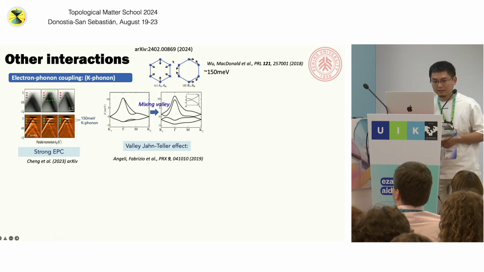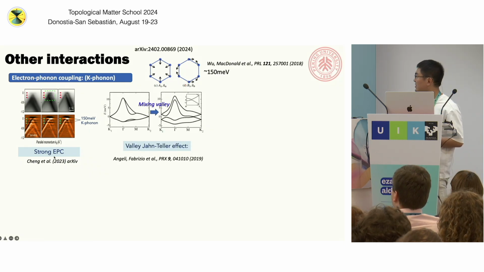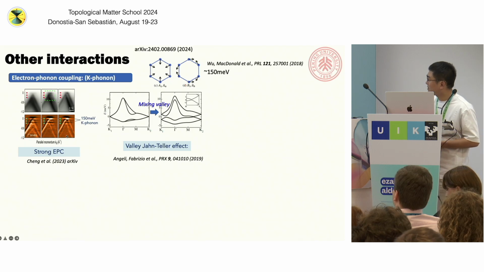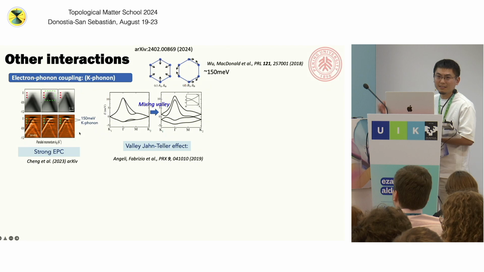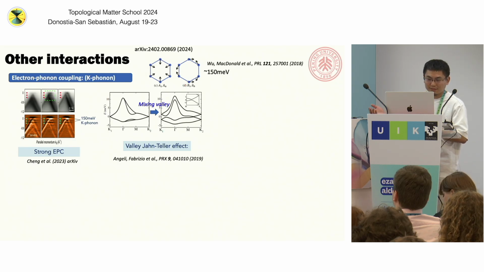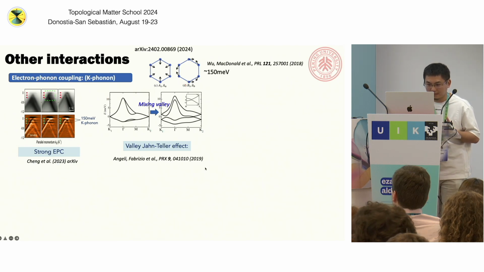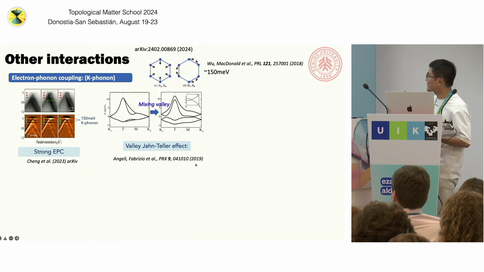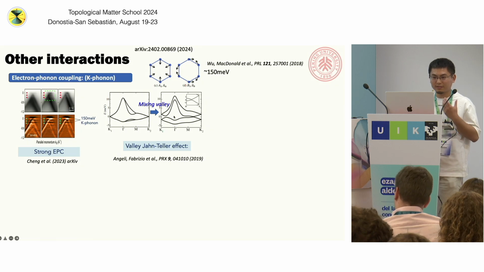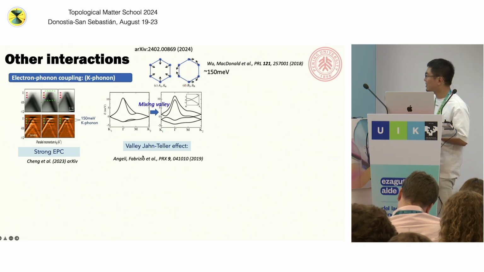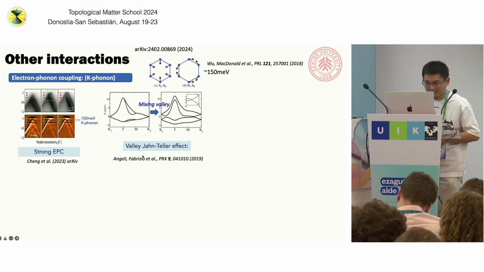Recently, this phonon is also observed in RIXS experiments, which may tell us that the electron-phonon coupling between this K phonon and the electronic states is indeed strong, even though its relation with superconductivity is unclear. But at least we know the coupling is strong. This electron-phonon coupling is also studied in a work by Fabrizio in 2019, and this coupling is termed the valley Jahn-Teller effect. It's a very interesting name, which may suggest some physics like fluorides.